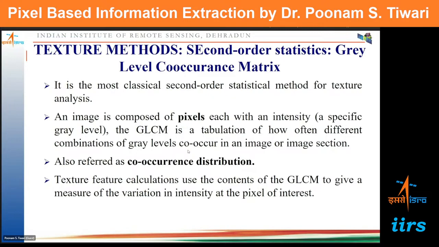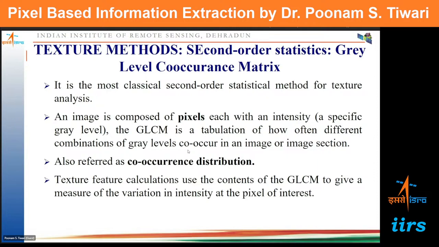The second order texture parameters, or GLCM, is the most classical second order statistical measure for texture analysis. An image is composed of pixels, each with an intensity or a pixel value. Now, the GLCM is a tabulation of how often different combinations of gray level co-occur in an image section.